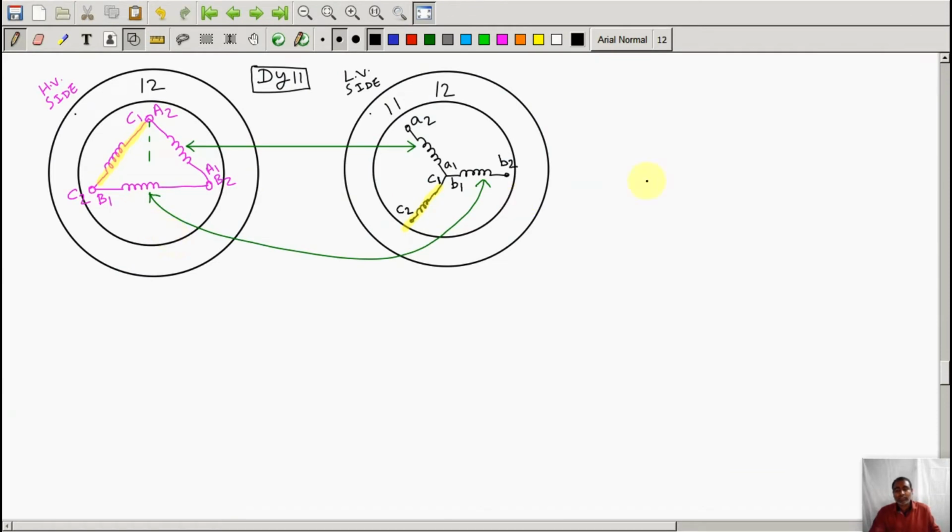Now we have to demonstrate that they differ by 30 degree. So let us take the line voltage of the HV side like B2C2. So we are taking the line voltage of the HV side like this.